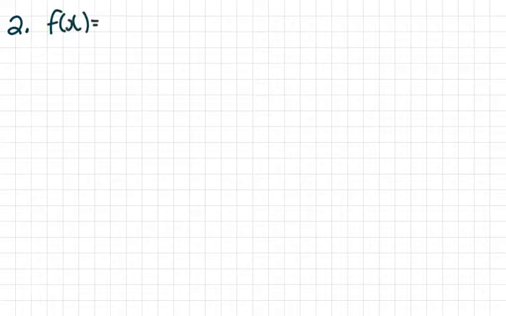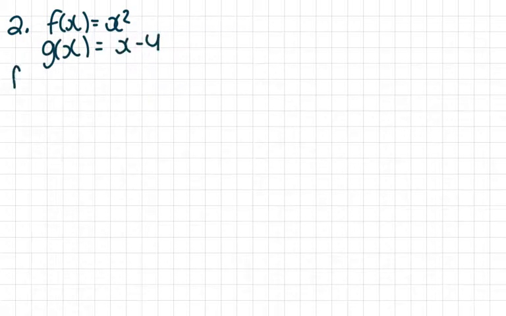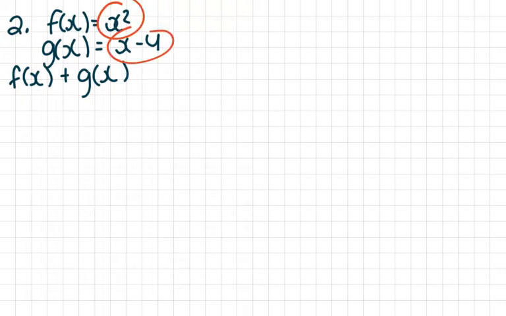So number 2, f of x equals x squared. G of x equals x minus 4, and we want to find f of x plus g of x. So I'm going to make the table of values again and then graph these. So this one's just a little bit different because we have one quadratic and one linear.